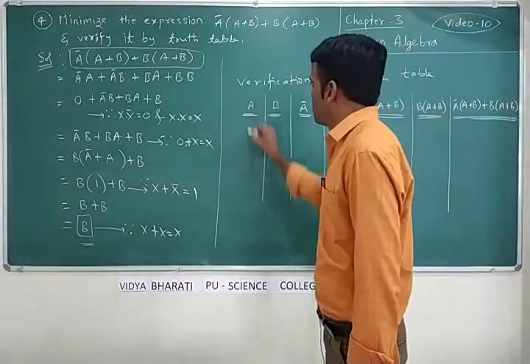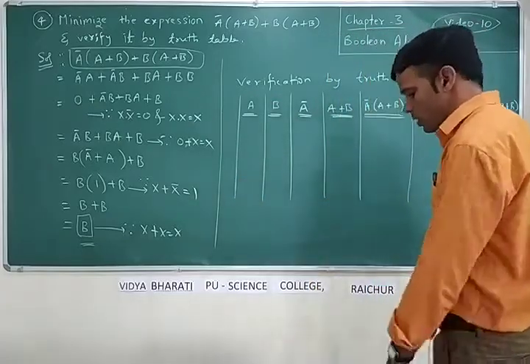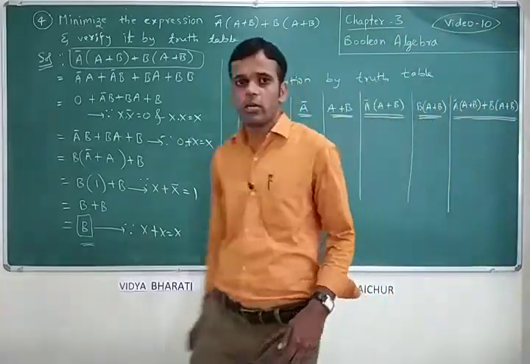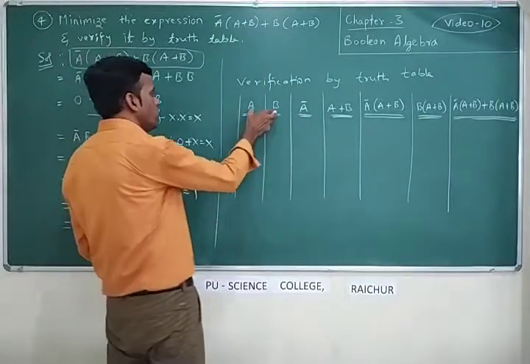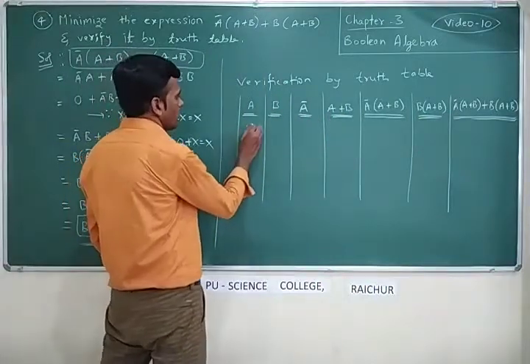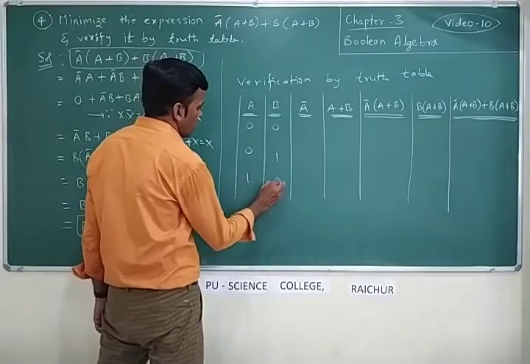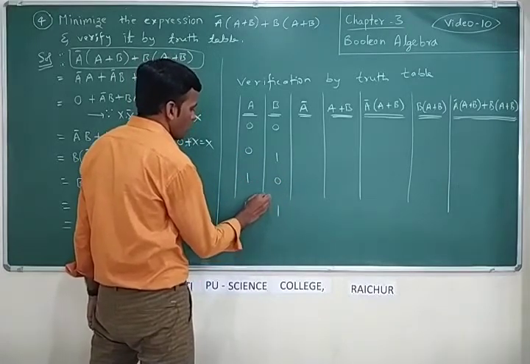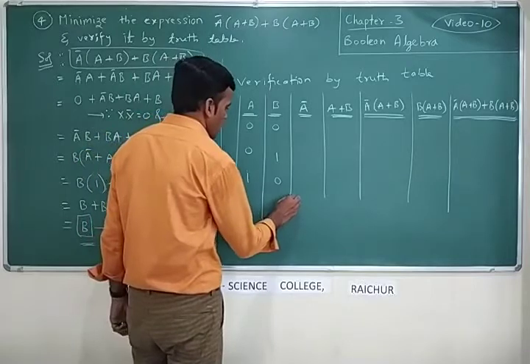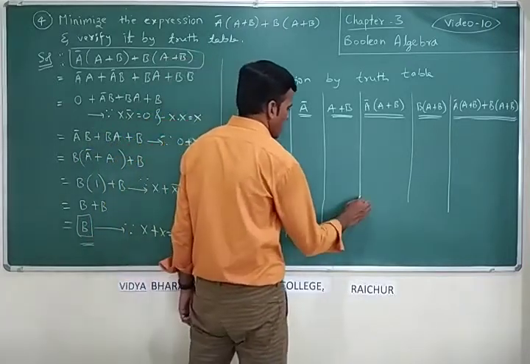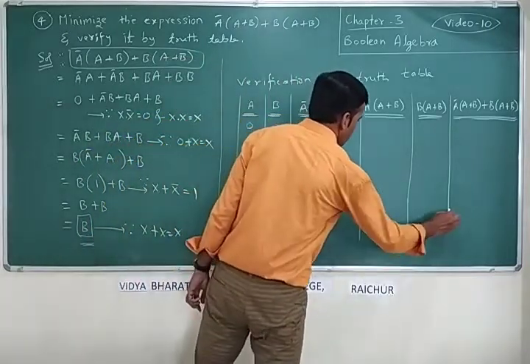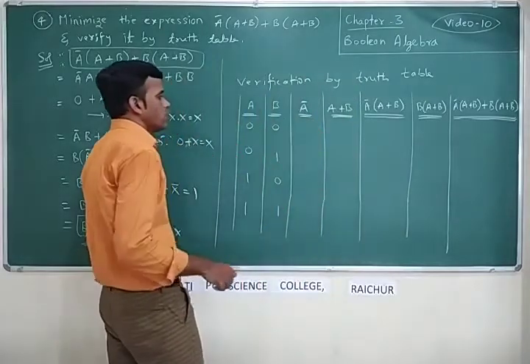Four possible cases, unique combinations of zeros and ones because of the 2 variables. So 0 0, 0 1, 1 0 and 1 1. So next, the third column we are having a complement.